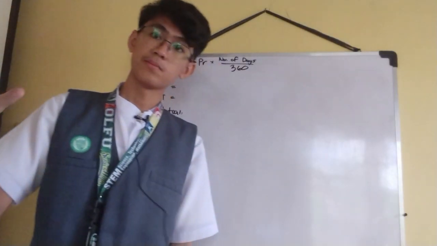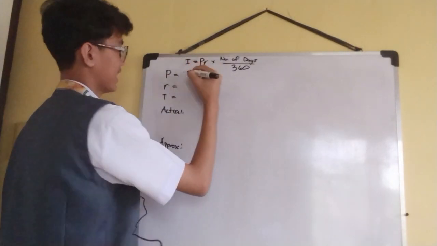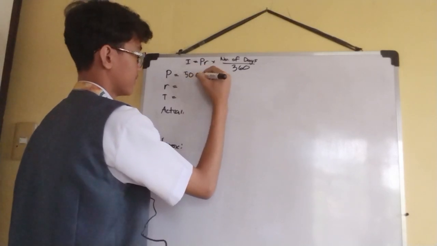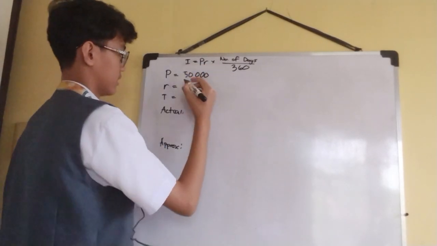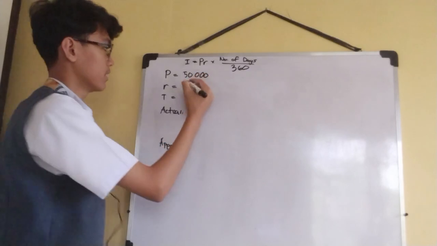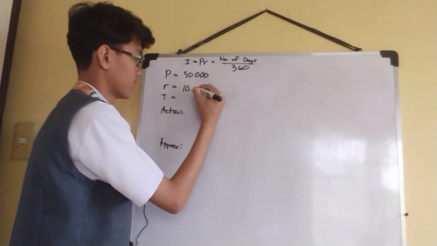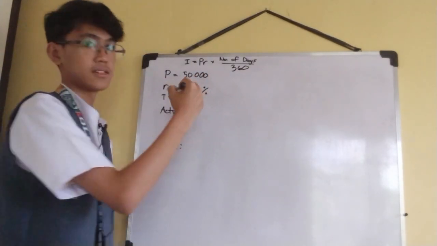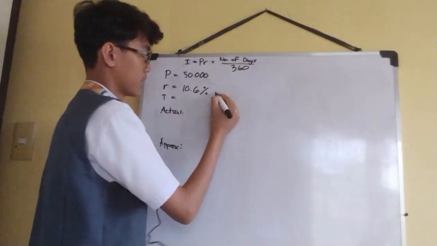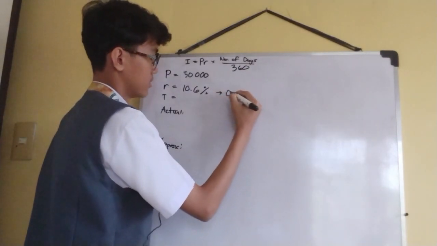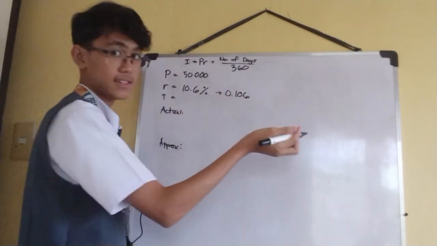Basing on the problem, principal value is 50,000 and our annual rate is 10.6%, which can be converted to 0.106.